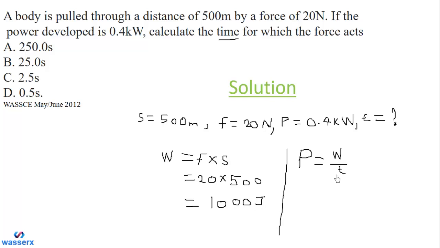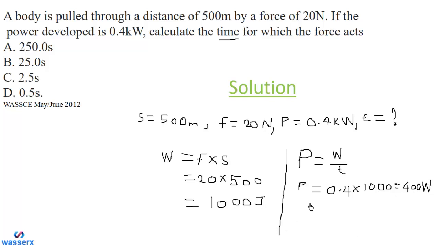But before that, let us convert the power, which is given in kilowatts, into watts. Power will be equal to 0.4 times 1000 watts, because 1000 watts gives a kilowatt, and that is equal to 400 watts.